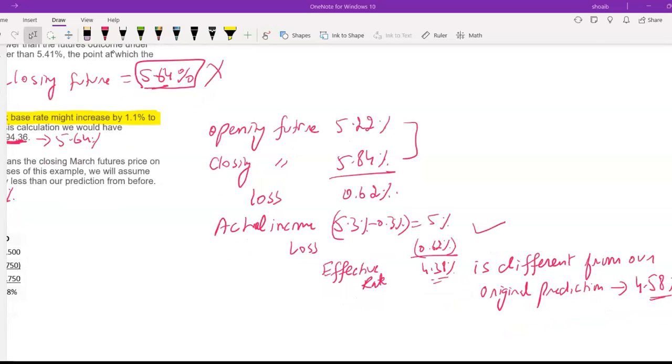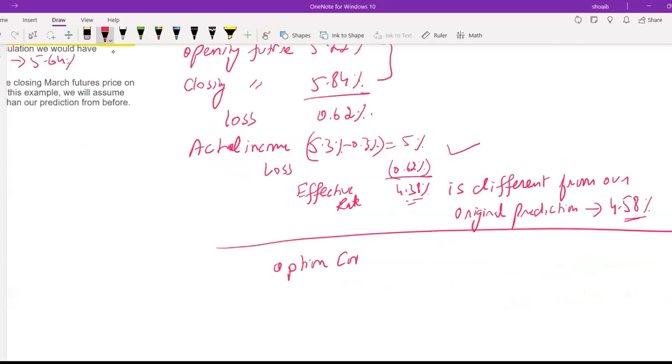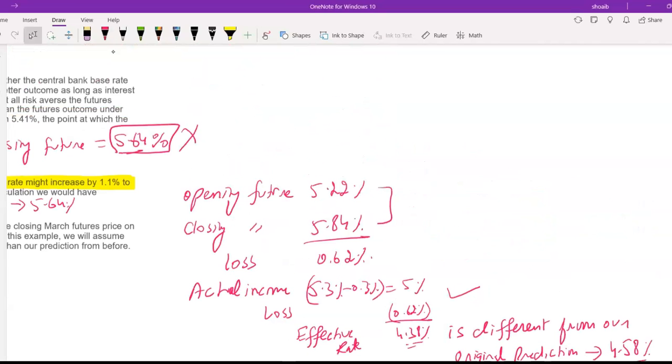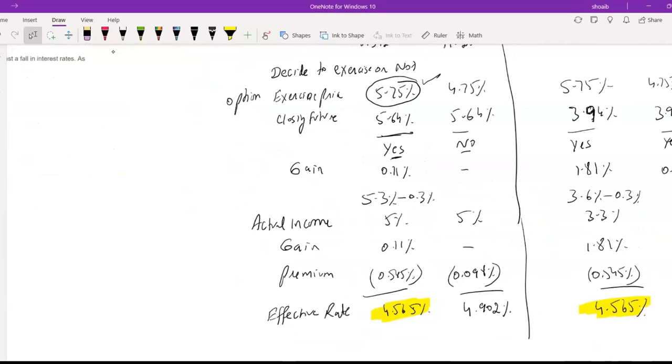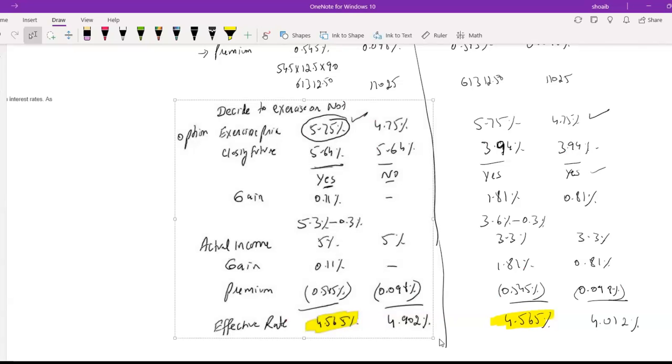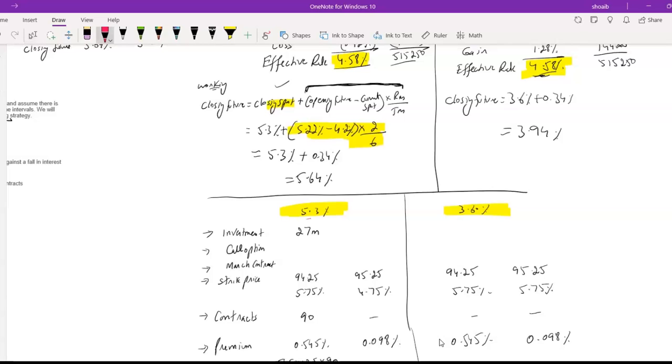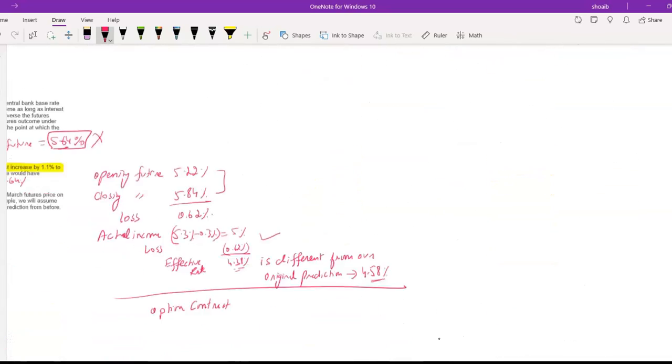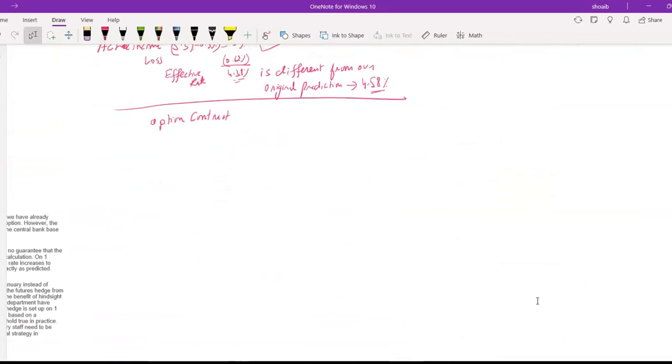So what about the option contract? In option contract, go to this part. Only select the higher interest rate part because the examiner is asking only about the 5.3% case. Write it here.